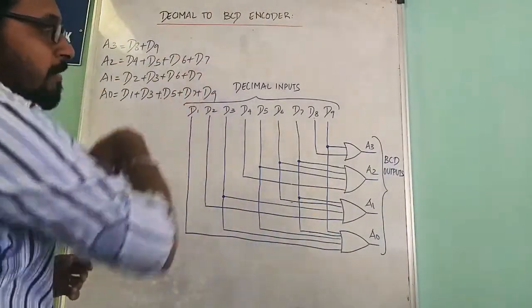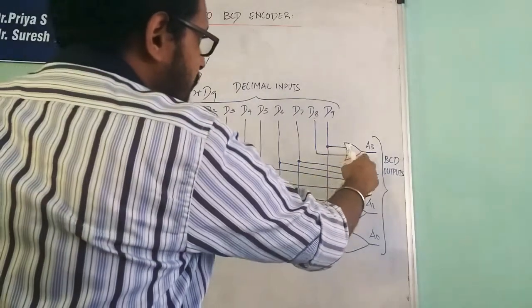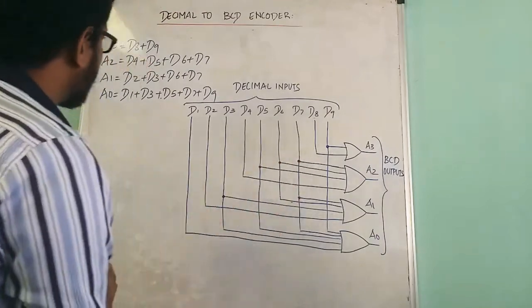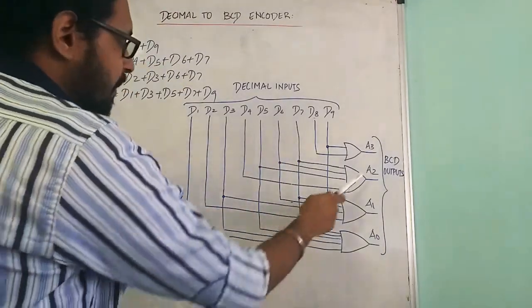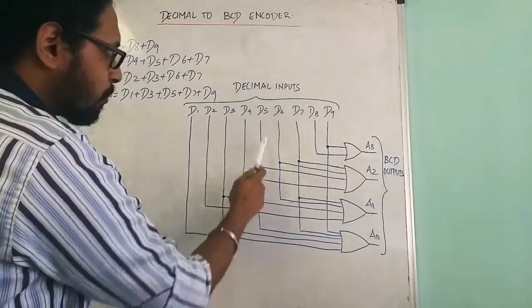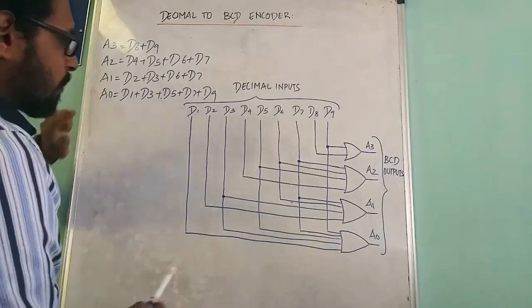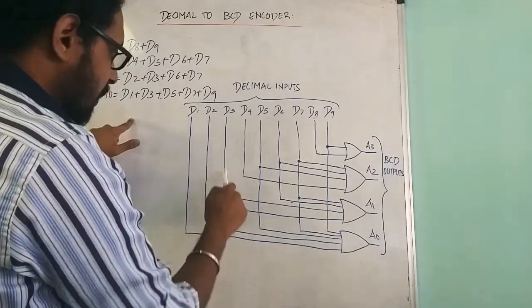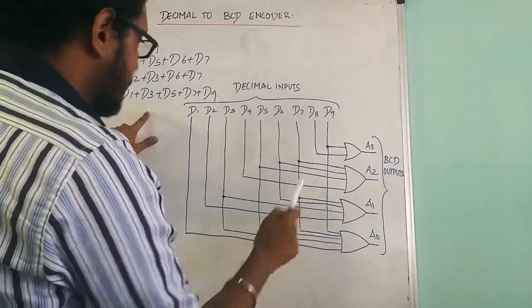These are the values that we obtained earlier. A3 is equal to D8 plus D9. A2 is equal to D4 plus D5 plus D6 plus D7. A1 is equal to D2 plus D3 plus D6 plus D7.